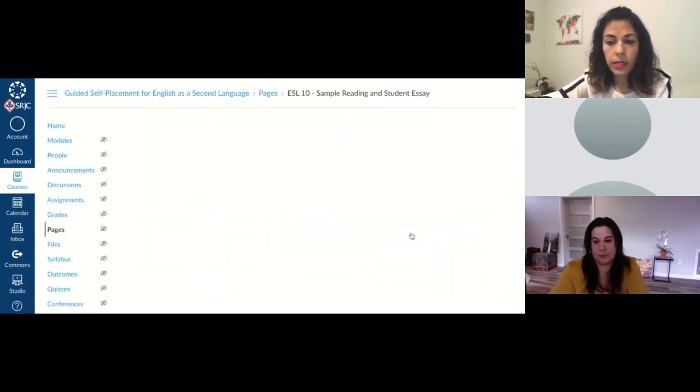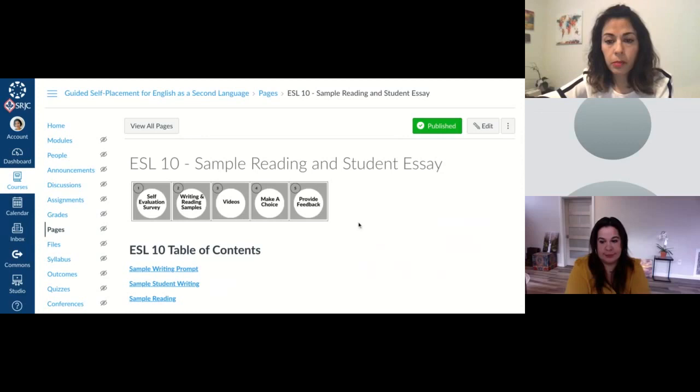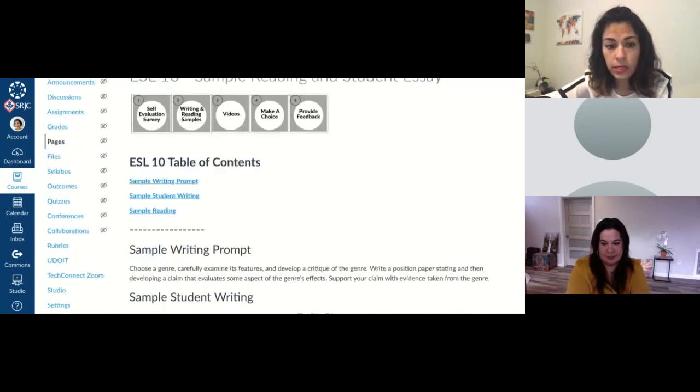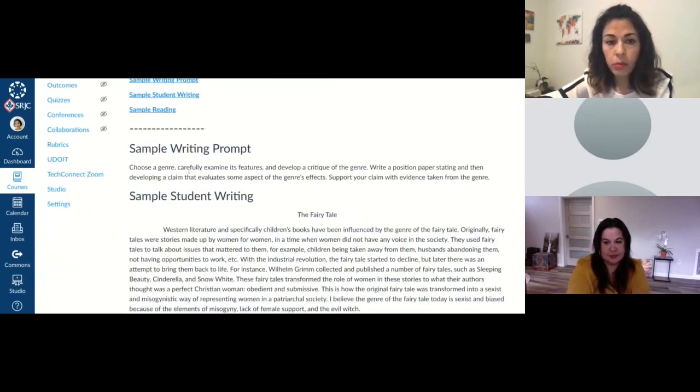And then finally in ESL 10, we move away from the 5-paragraph essay and we focus on genre analysis and genre criticism. So the prompt says, choose a genre, carefully examine its features, and develop a critique of the genre. Write a position paper stating and then developing a claim that evaluates some aspects of the genre's effects, and support your claim with evidence taken from the genre.